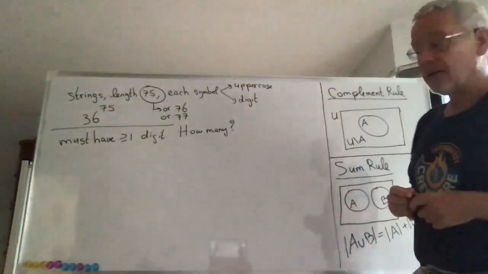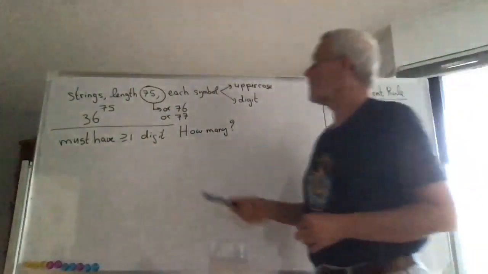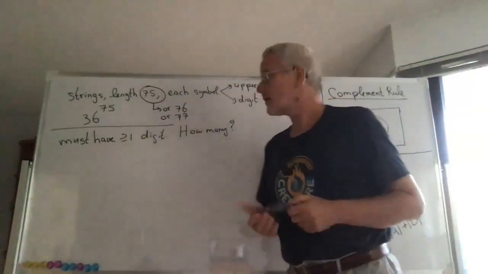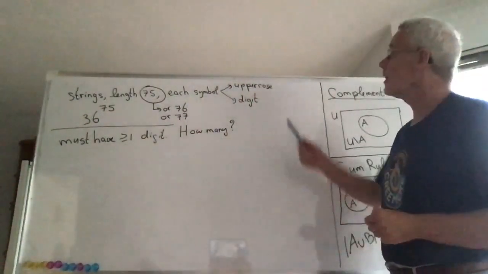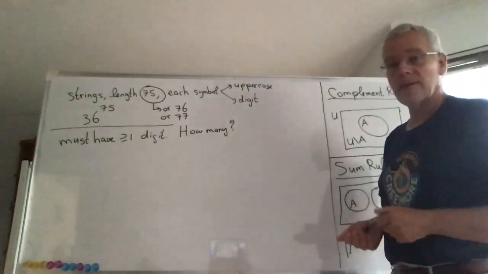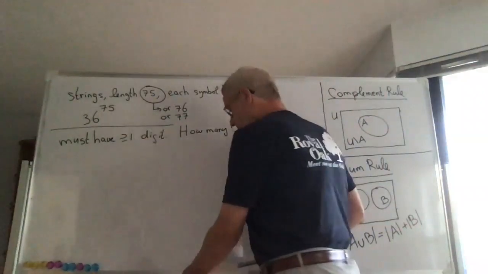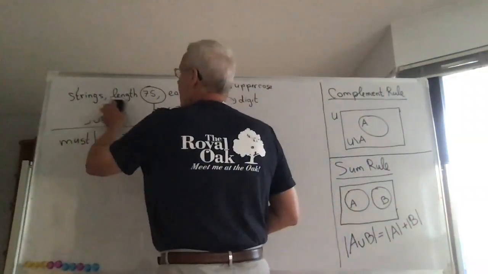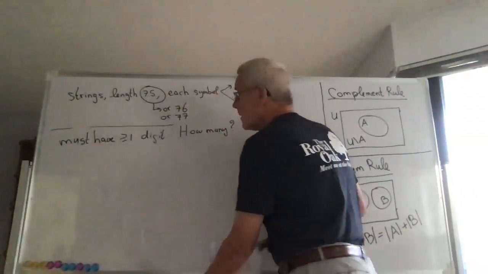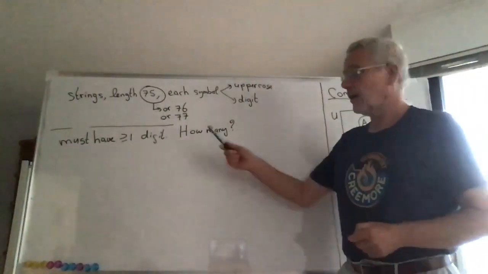So we want all strings of length 75 or 76 or 77. Every symbol must still be an uppercase letter or a digit. And we still have the requirement that the string contains at least one digit. So how many are there?